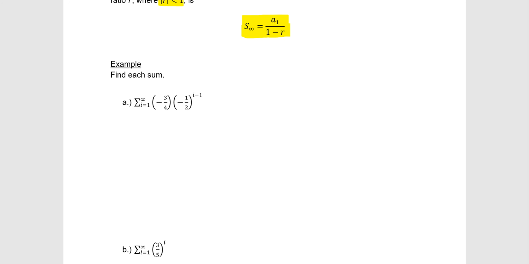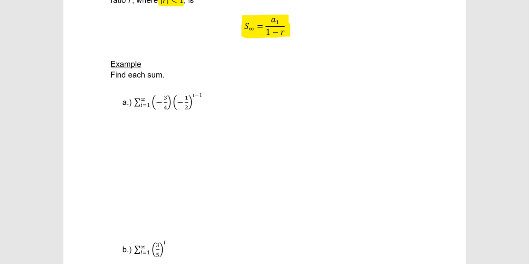Find each sum. We have the summation for a here from 1 to infinity of negative 3/4 times negative 1/2 to the i minus 1. So obviously it's not even possible for us to actually add these all up. We would have to plug in a 1 for i, and then plug in a 2, and then plug in a 3, and we would have to do it an infinite amount of times.